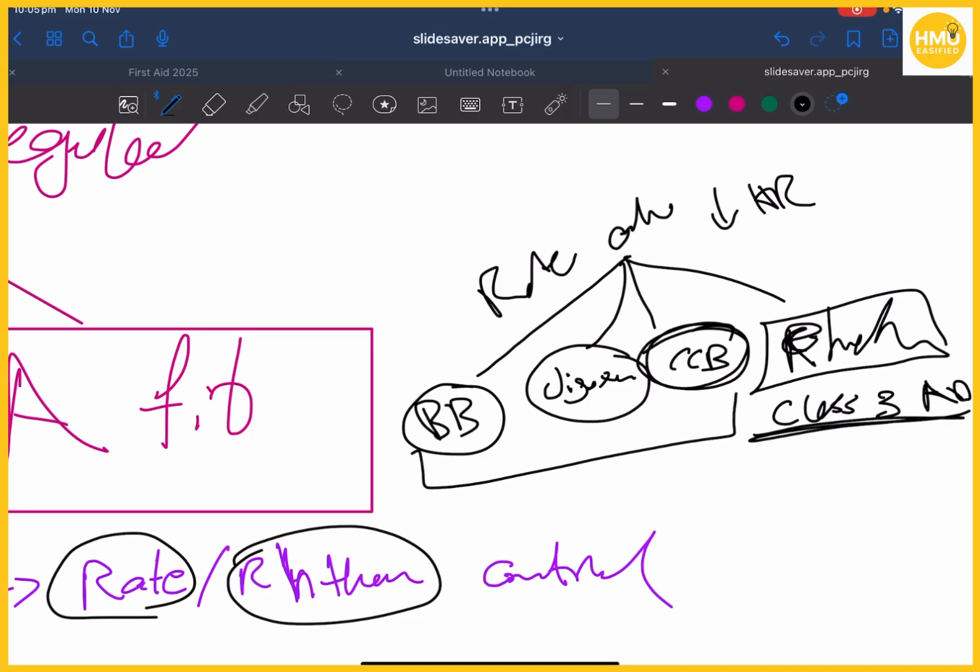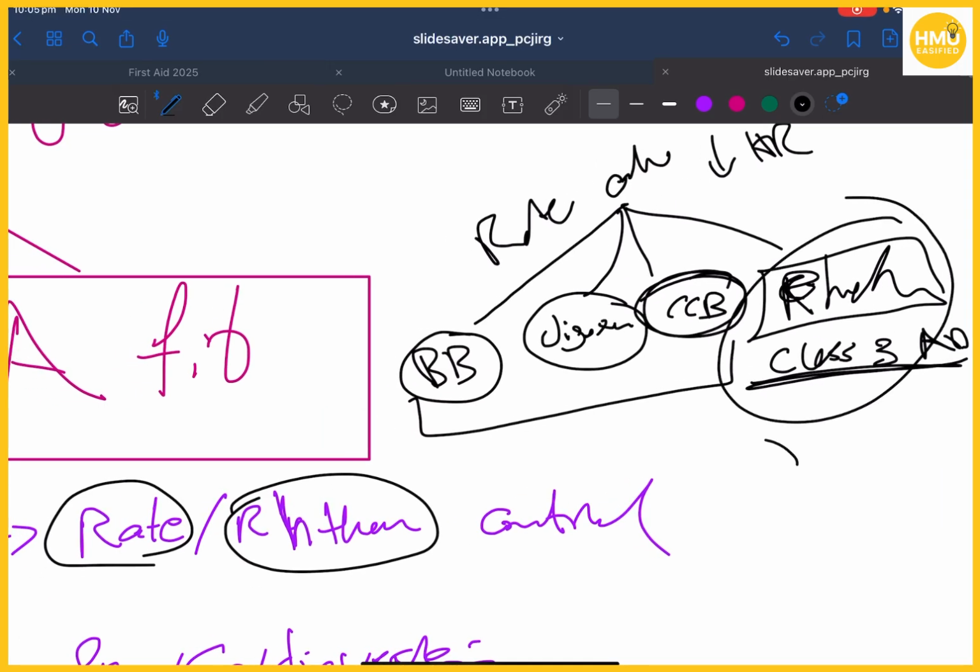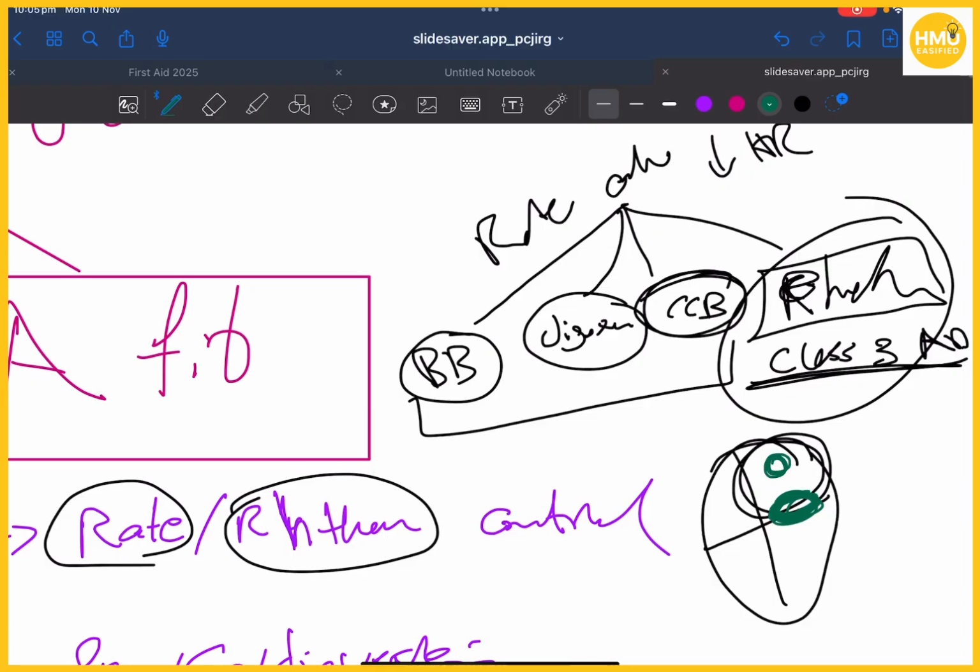a rate control. And you always start with rate control, not rhythm control, because with rhythm control, this patient has atrial fibrillation, right? And as we said, there's mitral stenosis in most cases. So there's going to be a thrombus, and if you somehow change the rhythm into a normal sinus rhythm, this thrombus might go into the brain and cause cerebral hypoperfusion and death.